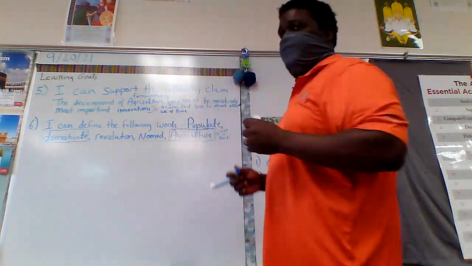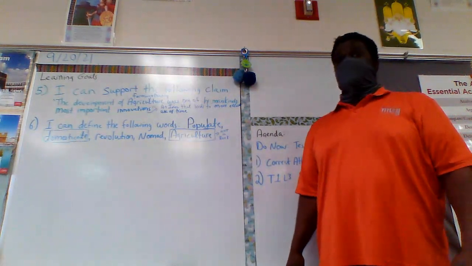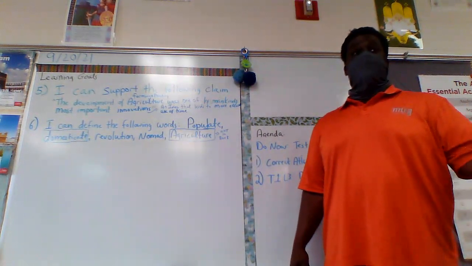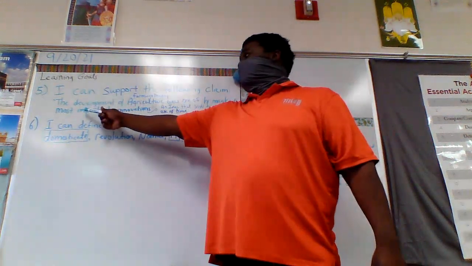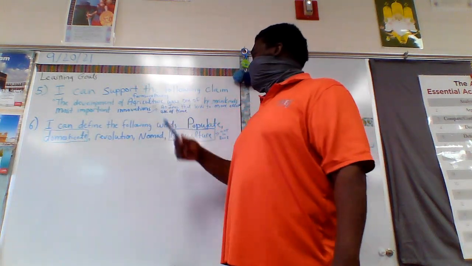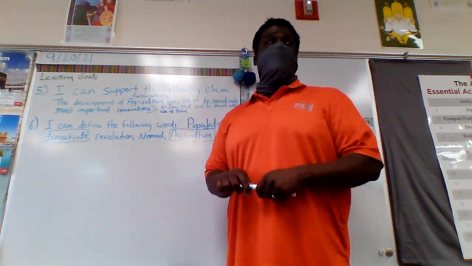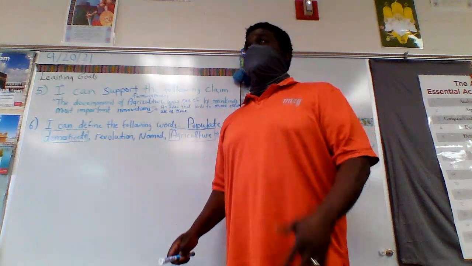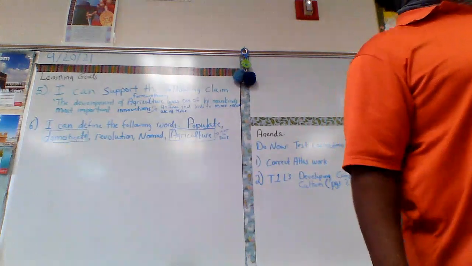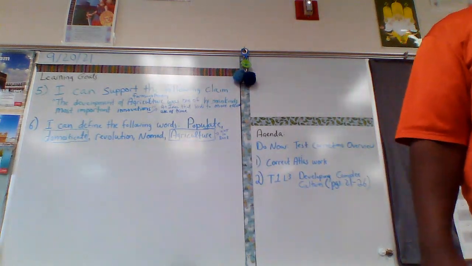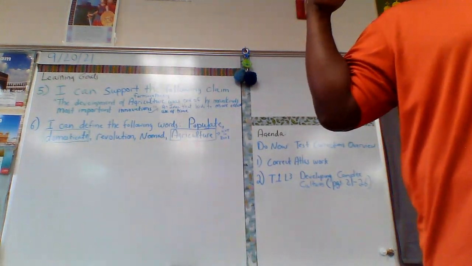All right. So an innovation is something that helps us to use our time better. Sometimes it can be an invention, sometimes it can be a thought, sometimes it can be an improvement on something that's already around. Right? So basically, you're going to prove the point that the development of farming and ranching was one of humankind's most important ideas that led to us being able to use our time more effectively. Okay? That's basically what you are trying to prove tomorrow. And we'll be using our resources to give us evidence to support that claim. Are there any questions on what that learning goal means? Because it's kind of a big one.